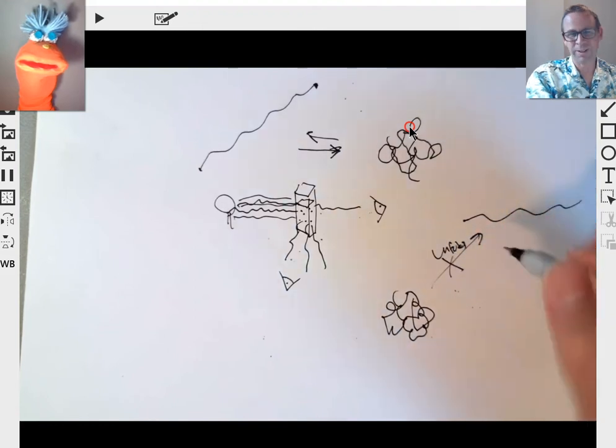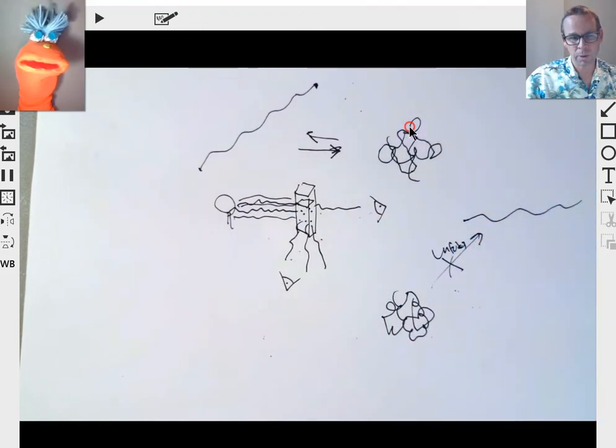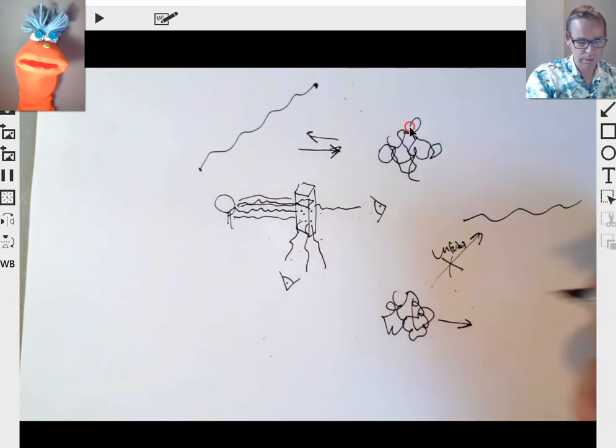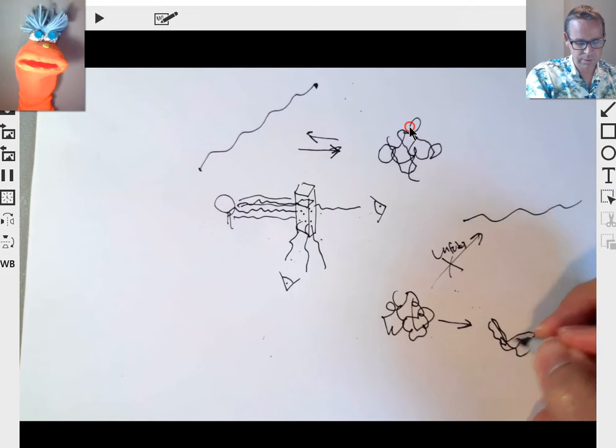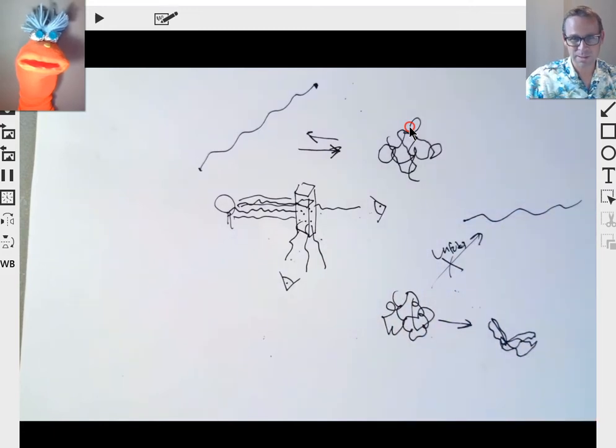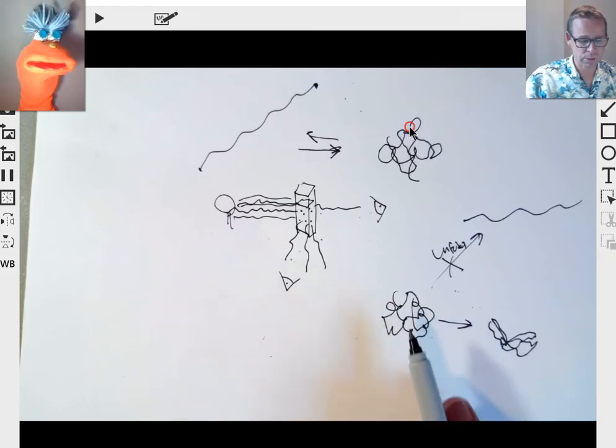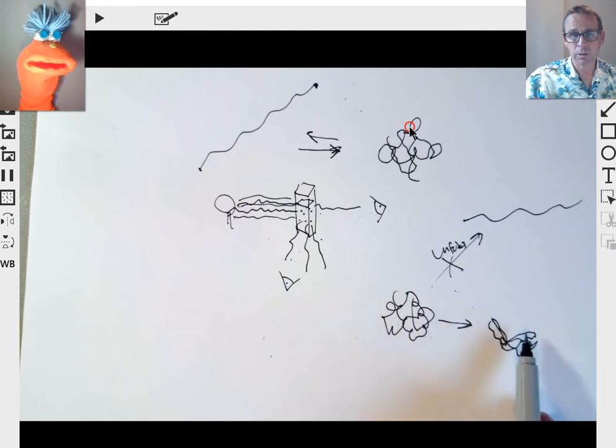But that's kind of an unrealistic way of what's actually happening. When we get unfolding, usually it's something like this. It's a different kind of mess that is no longer functional because it's not the correct fold. All right? So that's what we're going to be looking for in this lab, a change in fluorescence due to unfolding of protein.